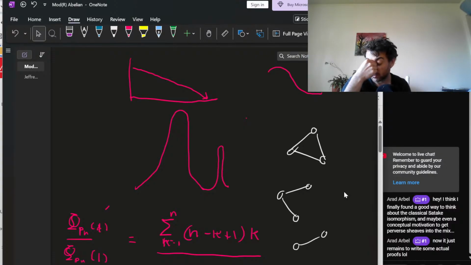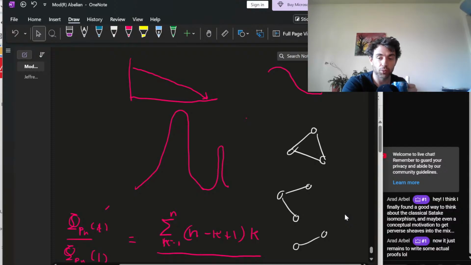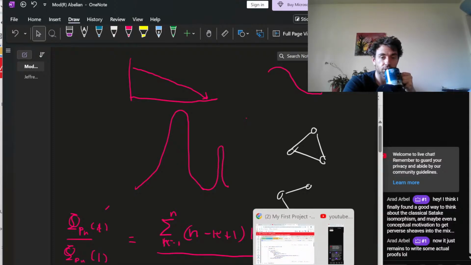I don't know about the geometric Satake isomorphism so much, or motivation for why perverse sheaves should get in the mix. So please do share that when you reach some conclusions there.